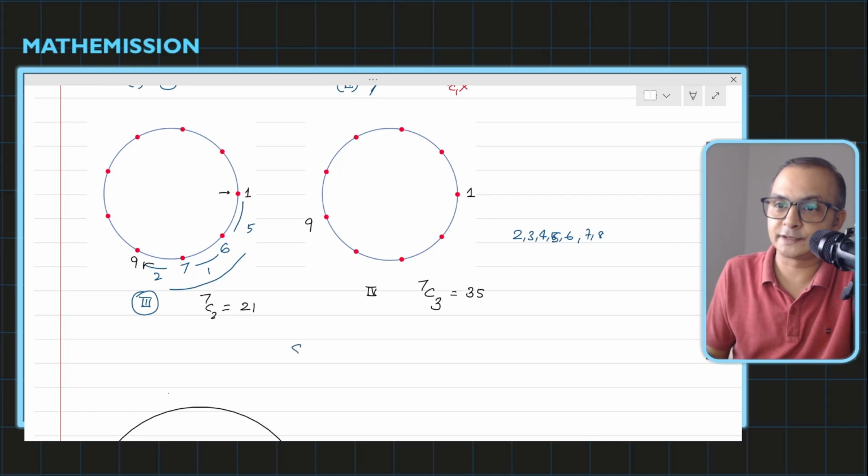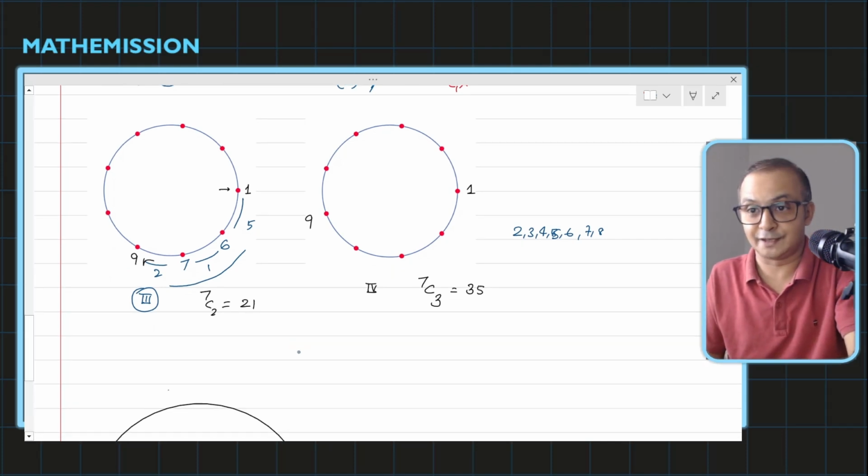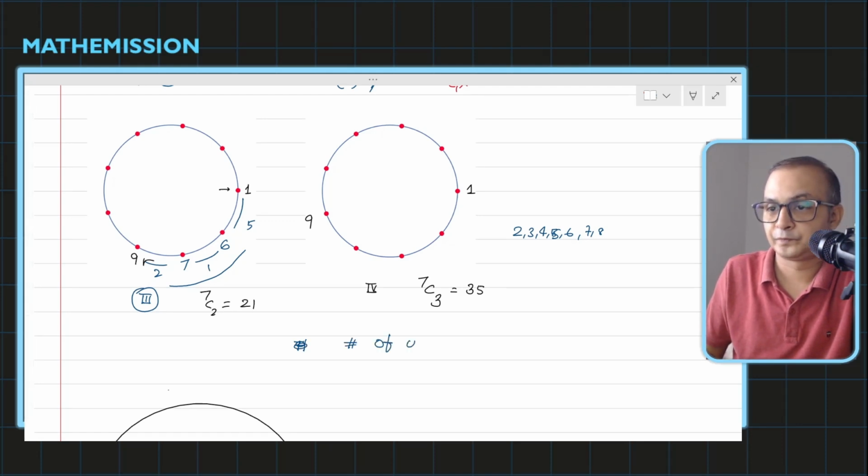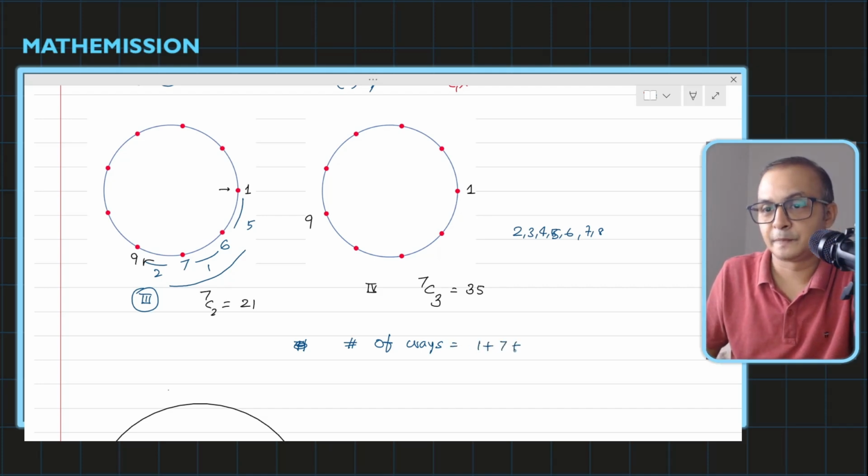So we get the total number of ways, not the sum. So the total required number of ways is 1 plus 7 plus 21 plus 35. So I believe this is 29 plus 35, and so the answer is 64.